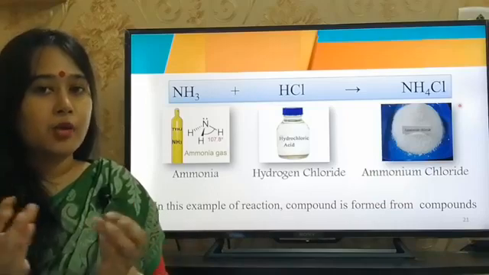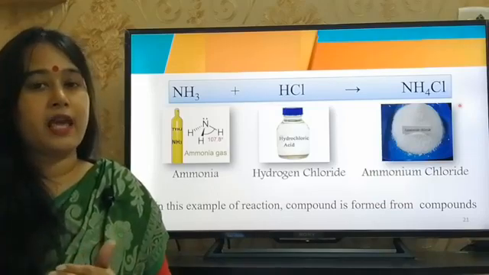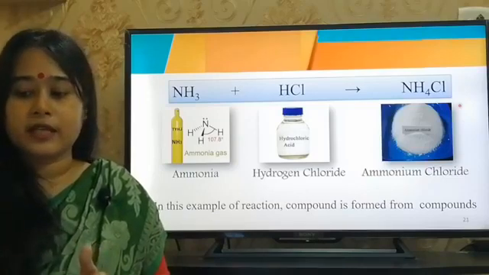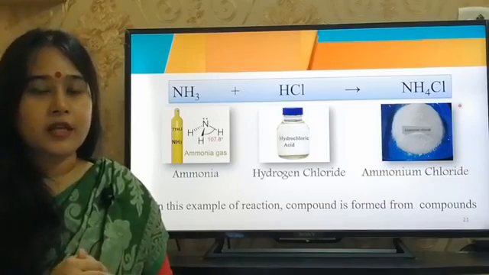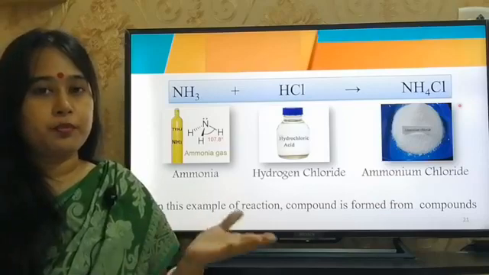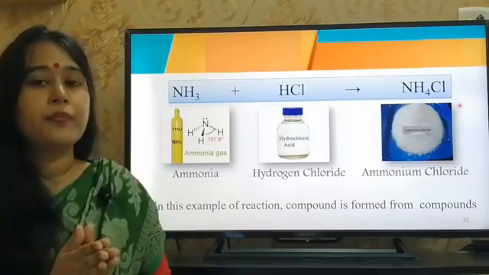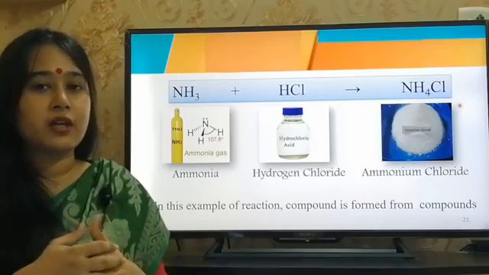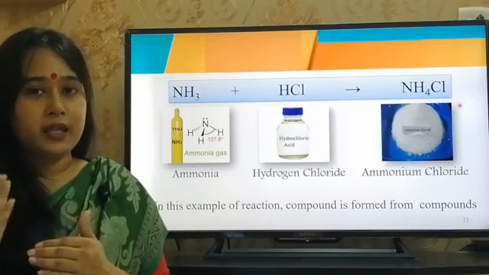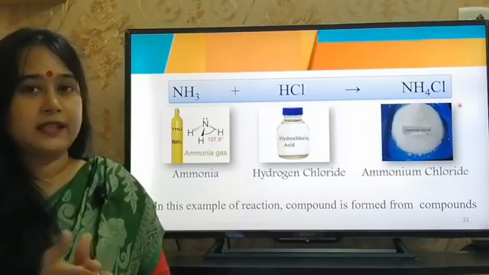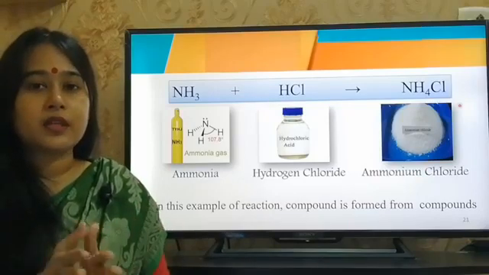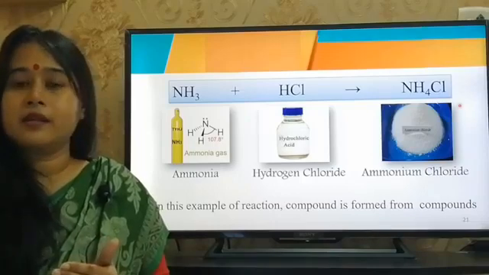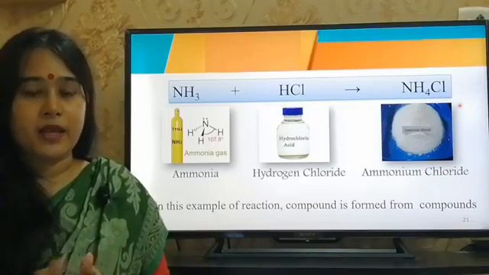So these two compounds are combining with each other and making another substance or new material that is called ammonium chloride. So the previous two examples showed elements combining with each other and making a new compound, and here you can see compounds are combining and making another substance.